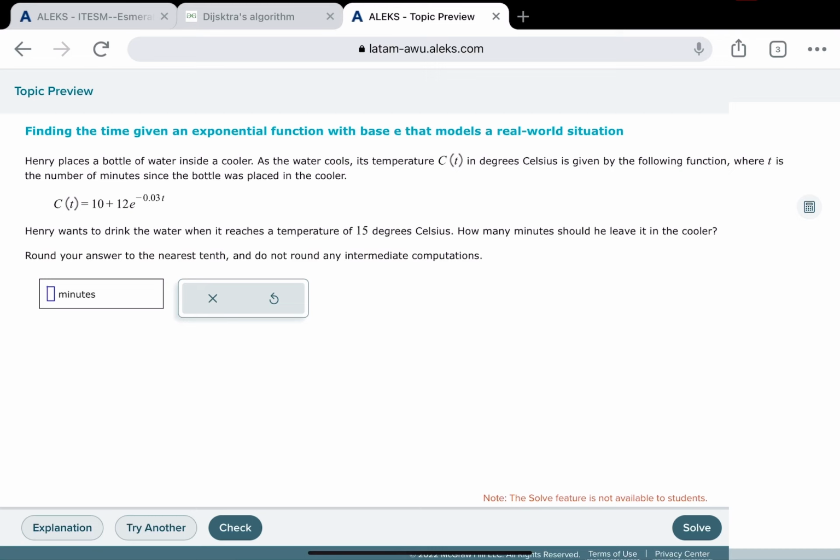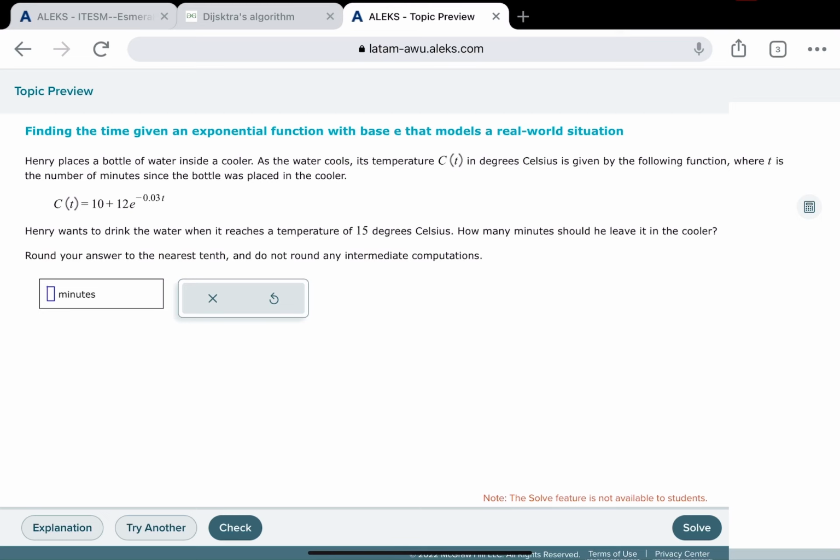As the water cools, its temperature, C of t, in degrees Celsius is given by the following function, C of t equals 10 plus 12 e to the minus 0.03 t, where t is the number of minutes since the bottle was placed in the cooler. Now, Henry wants to drink the water when it reaches a temperature of 15 degrees Celsius. How many minutes should he leave it in the cooler?